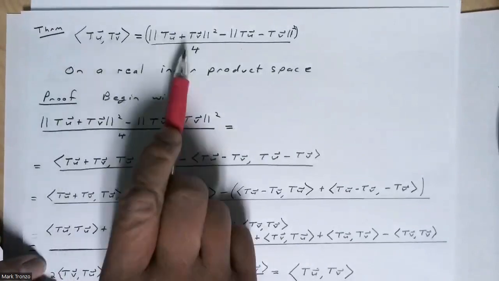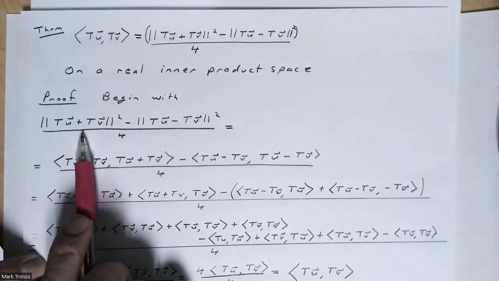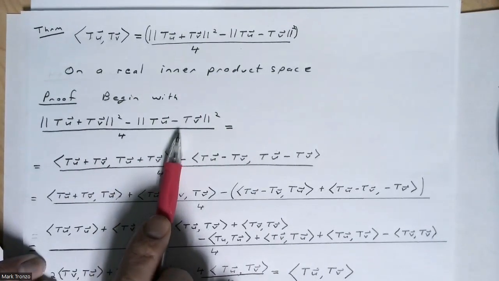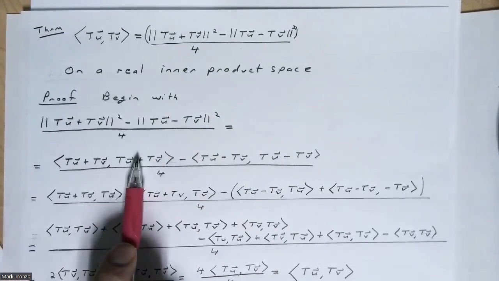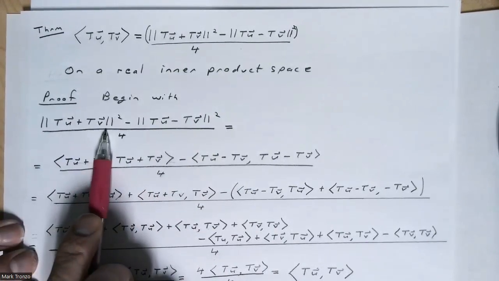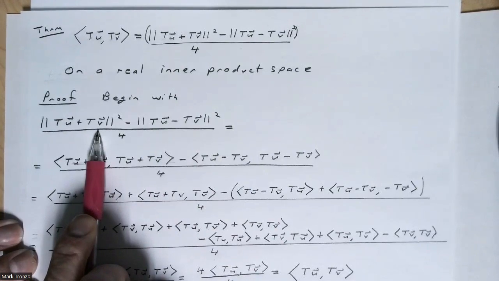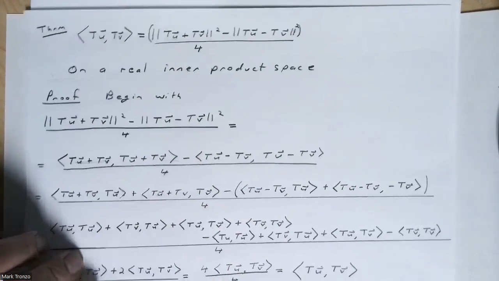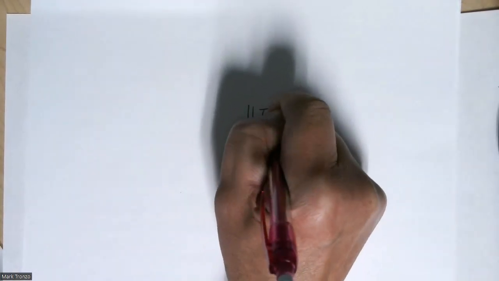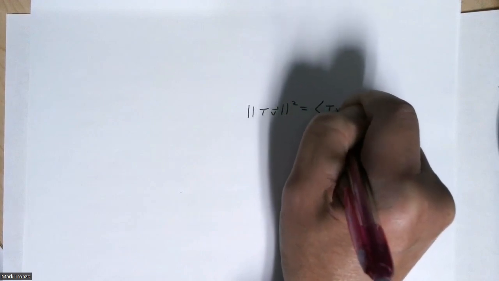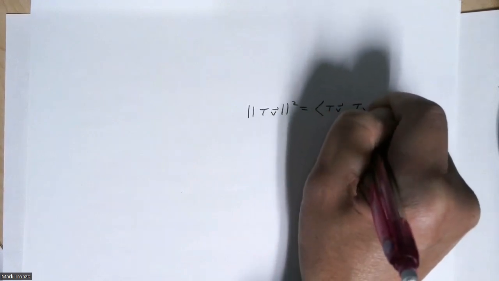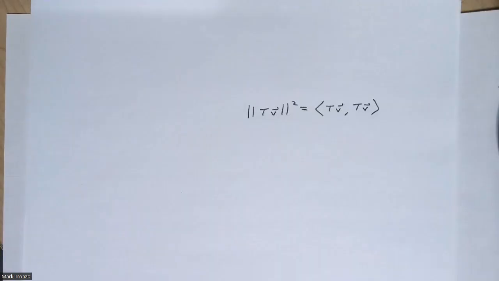So again, we're going to start with the left-hand side here, and then we're going to expand it. And of course, the definition of the norm, just like any time you have a norm, say if you have the norm of TV squared, that's going to be equal to the inner product of TV with TV, like this.